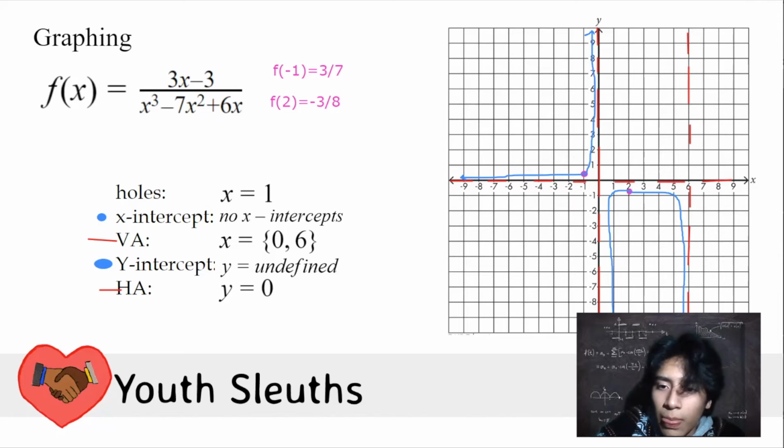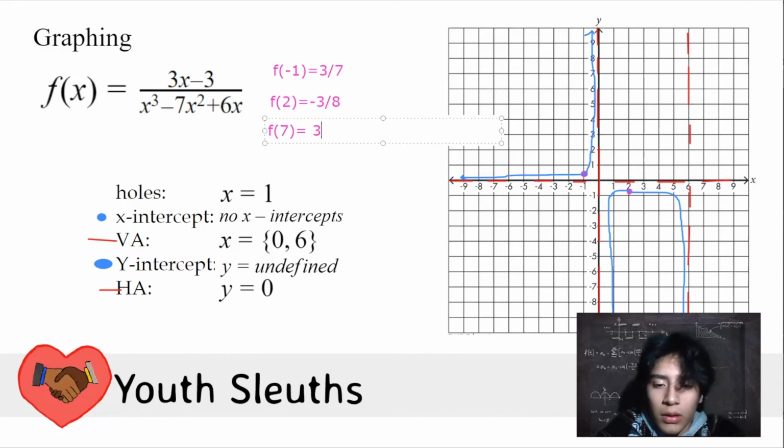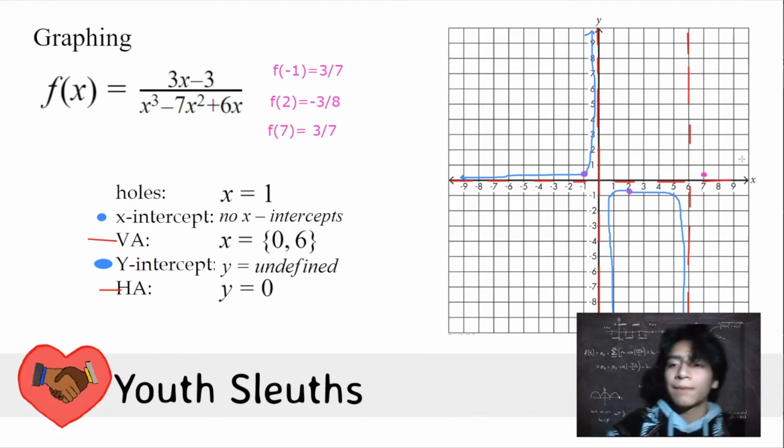And then, again, for our last part, we will plug in another point to check if it's on the bottom or in the top. And let's plug in f of 7, which is just 3/7. So let's plug in that point, 7, then 3 over 7.